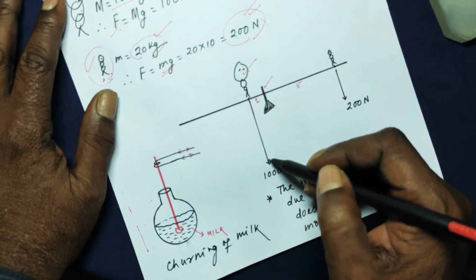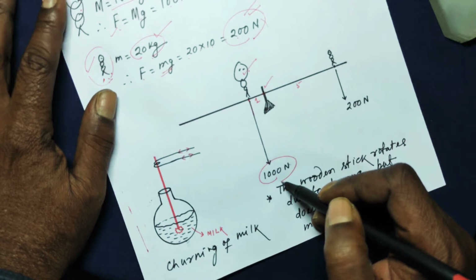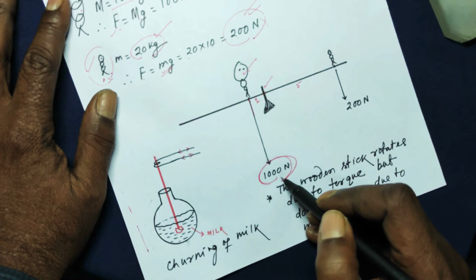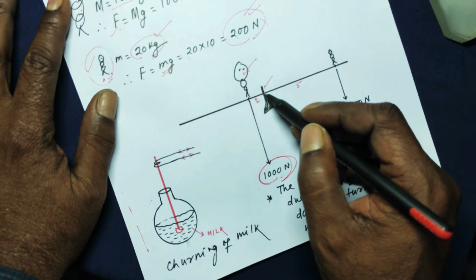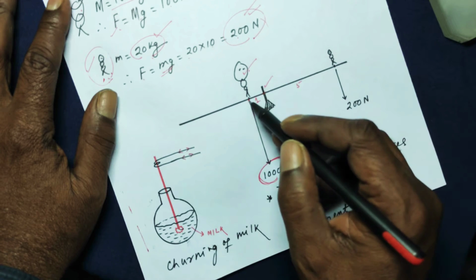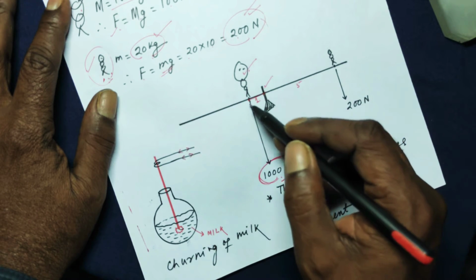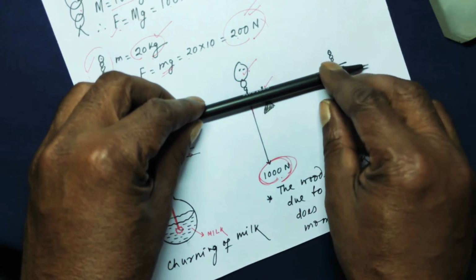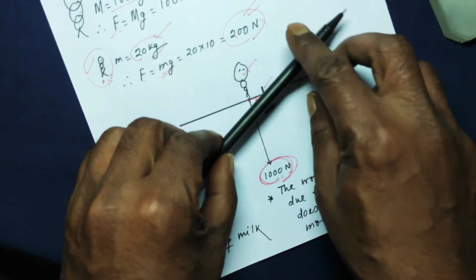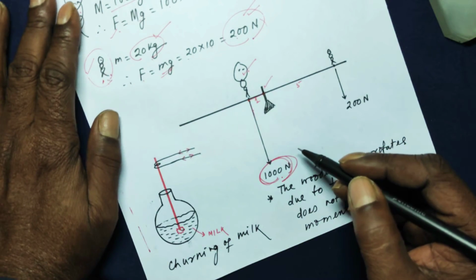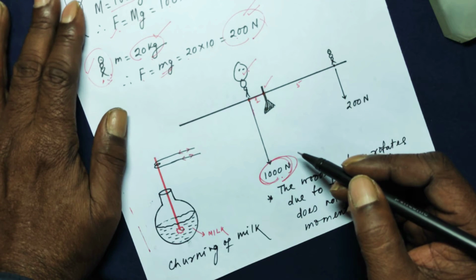His weight is vertically downward, 1000 Newton. So this is a force. This will have a turning effect about this point equal to 1000 into 1, and that will be anti-clockwise. So that is 1000.